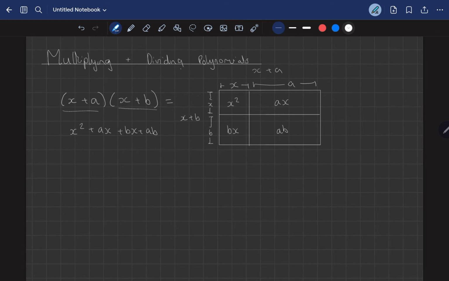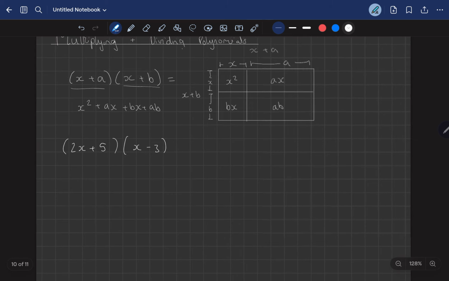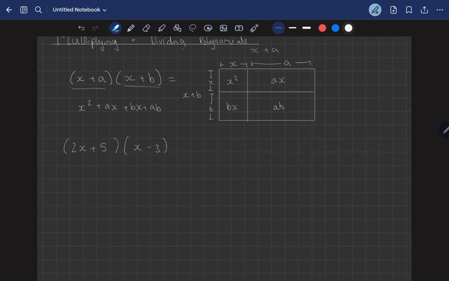Now, let's put some numbers into this. Let's do 2x plus 5 times x minus 3. Okay? Now let's still draw out our grid.